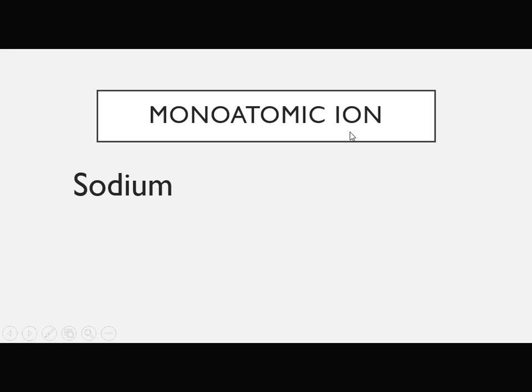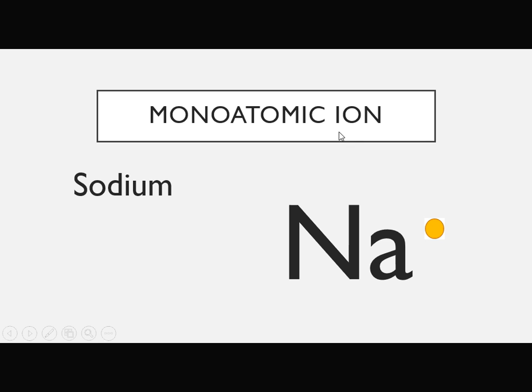The first energy level is filled. The second energy level is filled. The third energy level has one electron. So if I were going to draw the electron dot notation for sodium, it would look like this, where I would have one electron around the sodium.